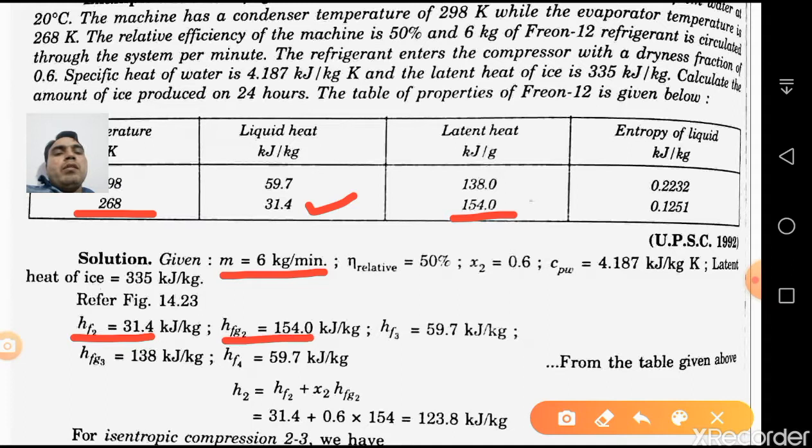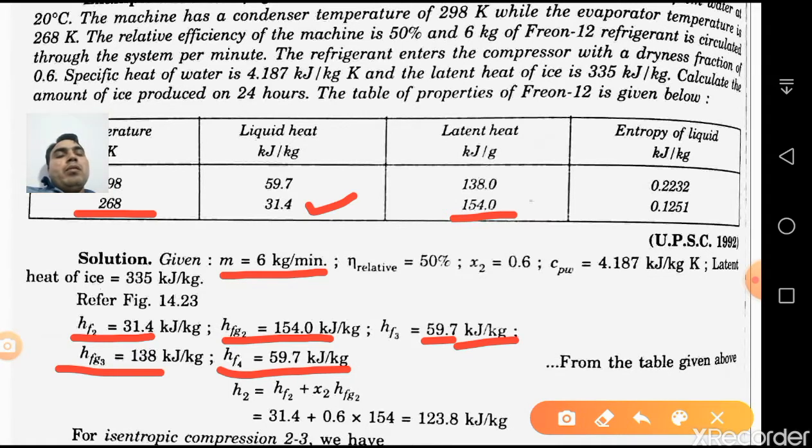It is the hfg2. And hf3 is the liquid enthalpy at point 3, that is the inlet of the condenser. hfg3 is the latent heat at point 3, and hf4 is the liquid enthalpy at point 4.